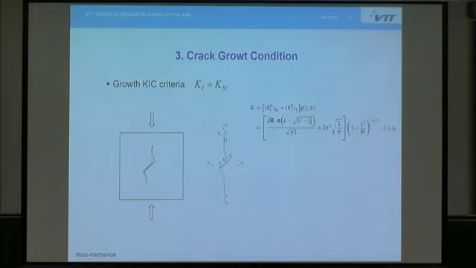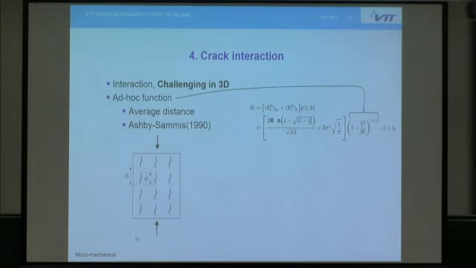And then we need some growth criteria. The growth criteria is based on K1C. It was proposed by Ashby and Sammis and Nemat-Nasser and Hori, 1980, 1990, something. An important thing is to model interaction of these tiny cracks, and that's a challenging thing because 3D interaction of microcracks is really a hard task for an engineer.